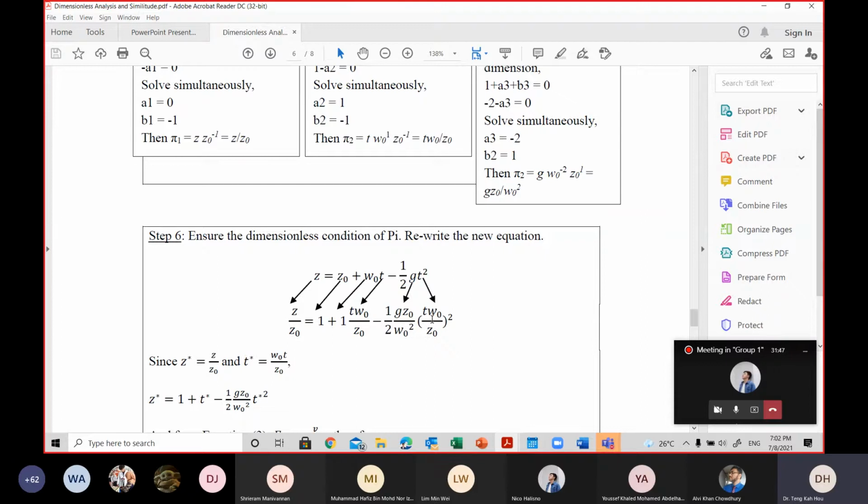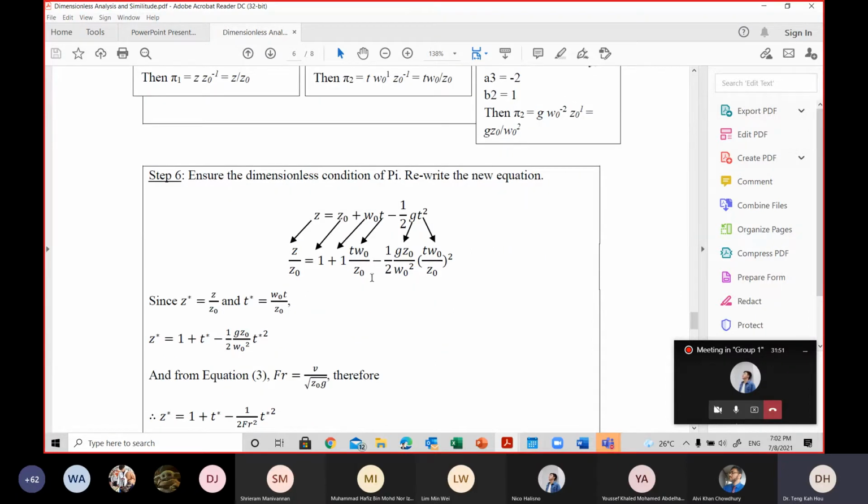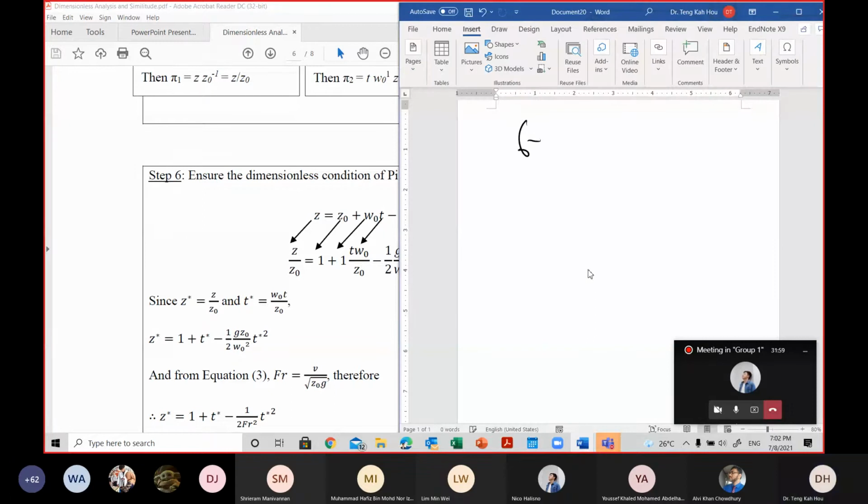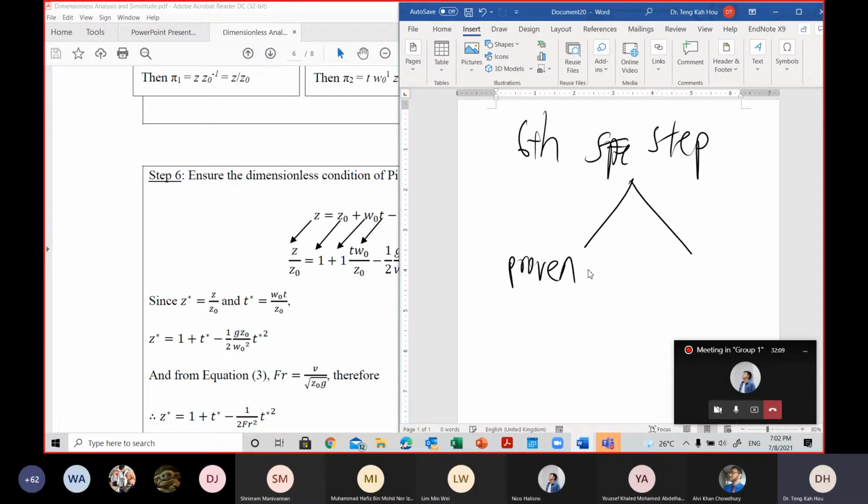Because if I didn't show you, how do you know I can put the answer in this way? Am I right? So when it comes to the 6 steps, there are two conditions. One is a proven question.